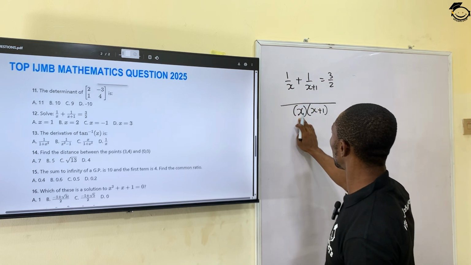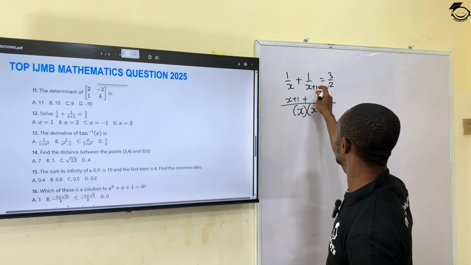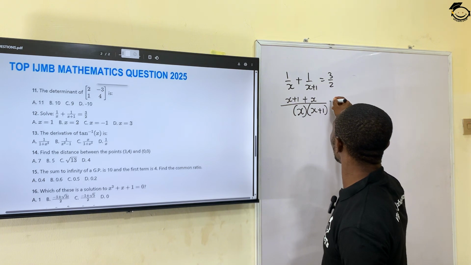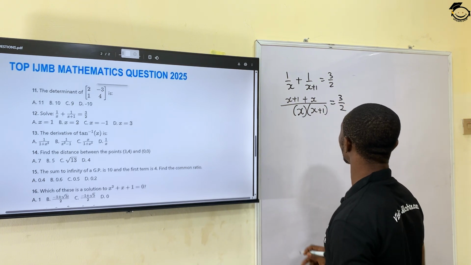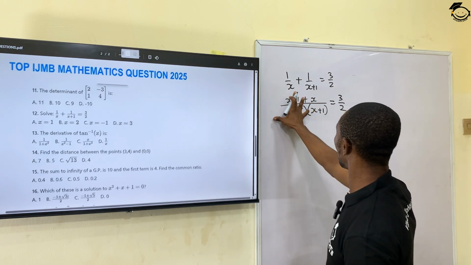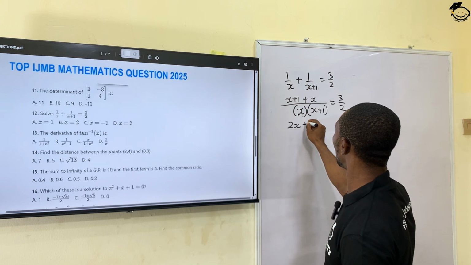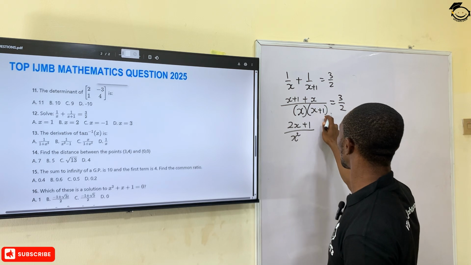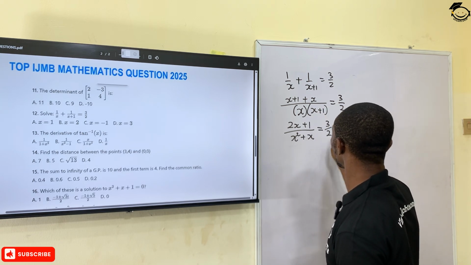Now x into this, we'll be left with x plus 1, plus x plus 1 into this, we'll be left with x, leaving us with 3 over 2 as our equation. So opening up this bracket, it will give us 2x plus 1 all over x times 1 plus x equals 3 over 2.